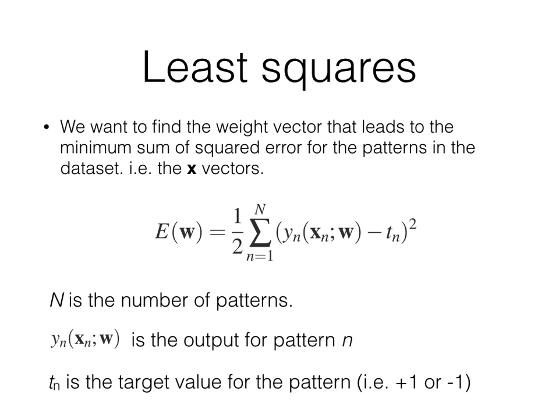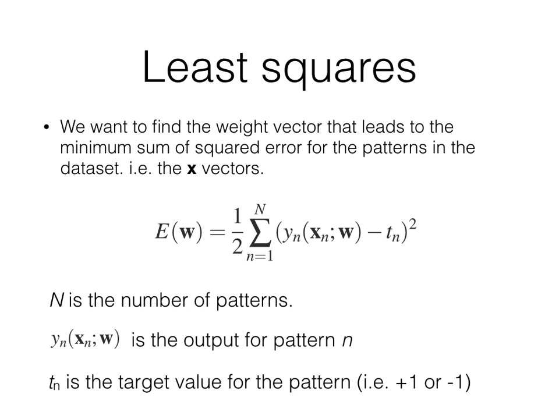So it's either going to be a plus 1 or a minus 1. We're going to subtract t_n, which is the target value for the pattern, and that's going to give us an error on that one pattern. Because that can be either negative or positive, we need to square that error, and then that's going to be a squared error on the pattern.